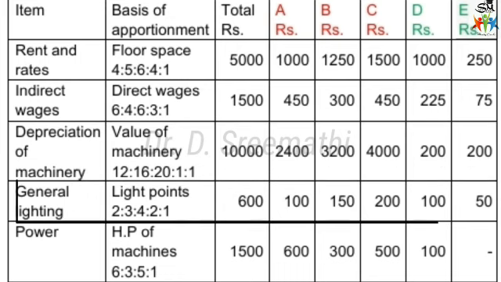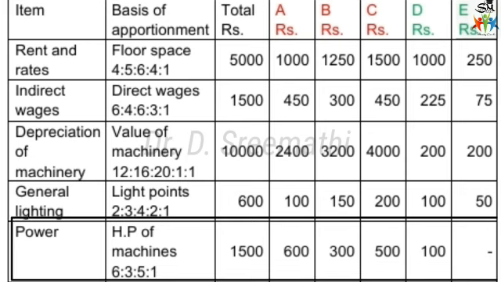Then the next one is general lighting. General lighting we distribute according to the light points. The total light points are 60, so it is divided in the ratio 2:3:4:2:1.